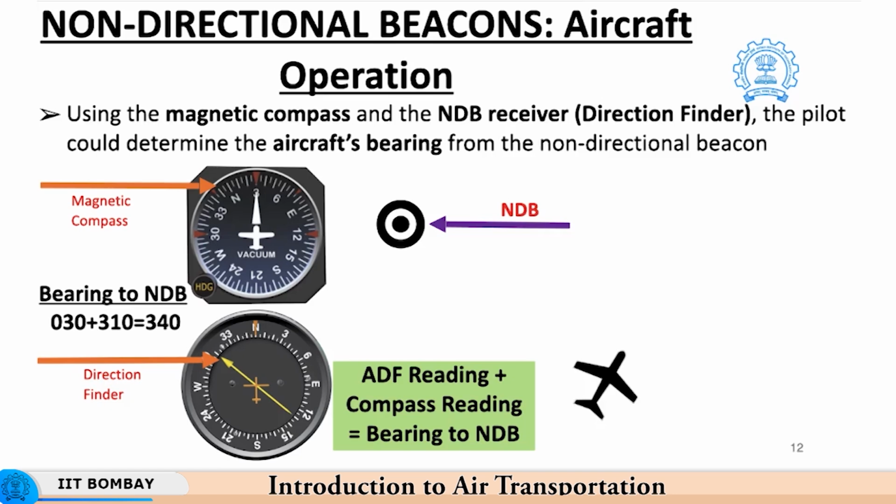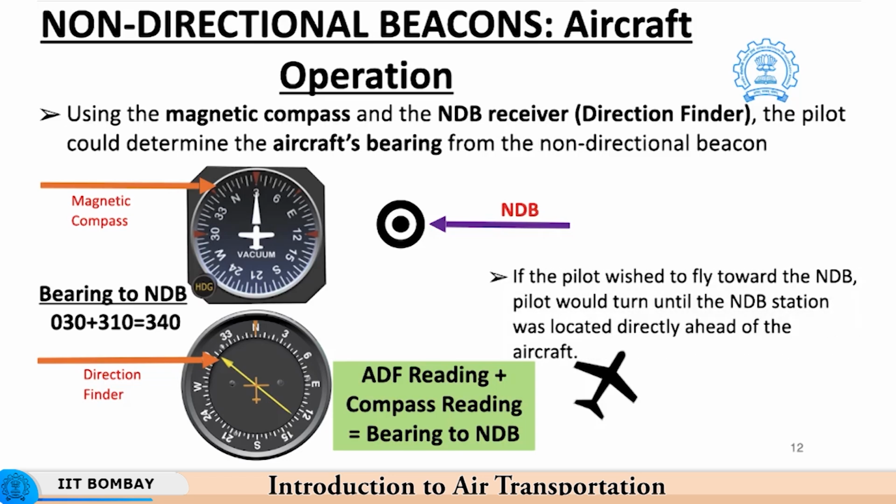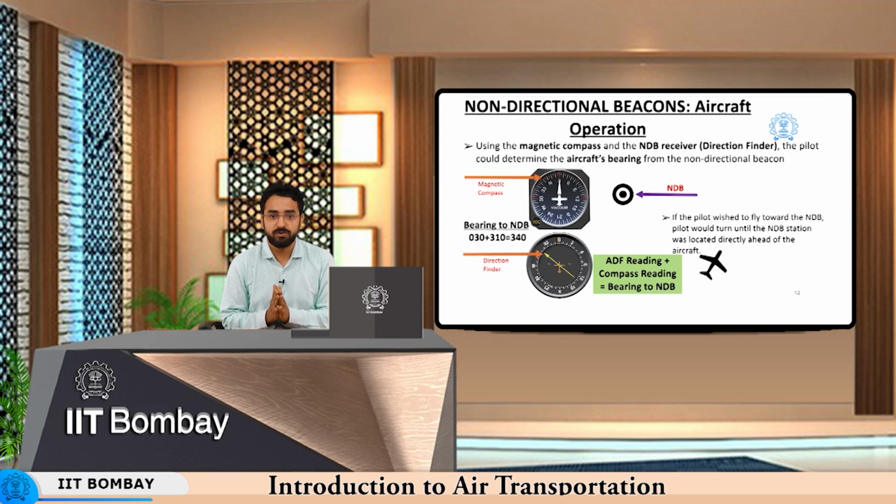In this case, the two sum out to be 340°. So, if a pilot wishes to fly towards the NDB, they will have to turn their plane in a manner so that this direction finder antenna arrow is pointed in the forward direction.